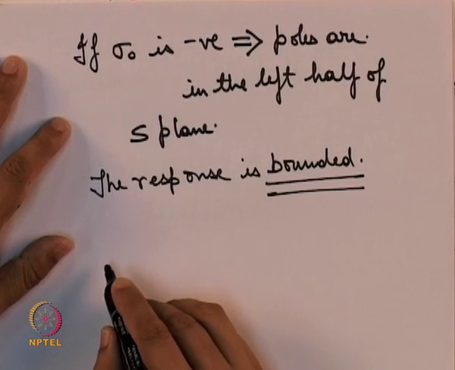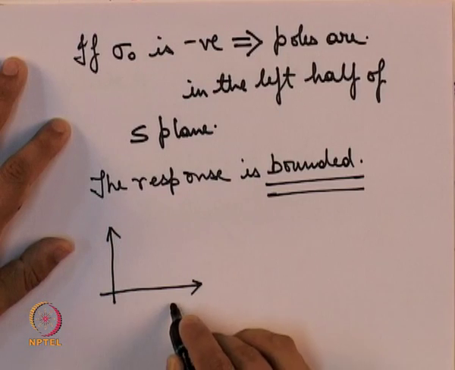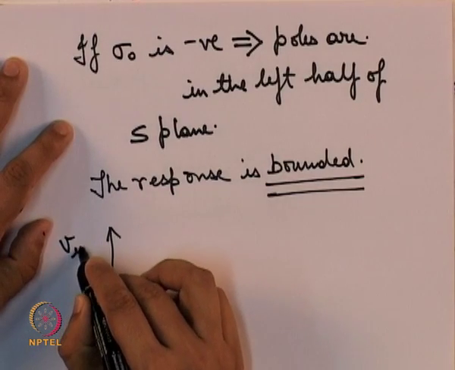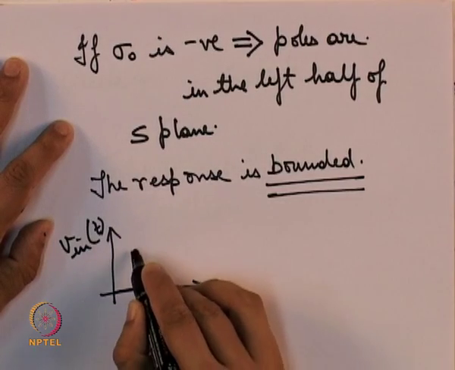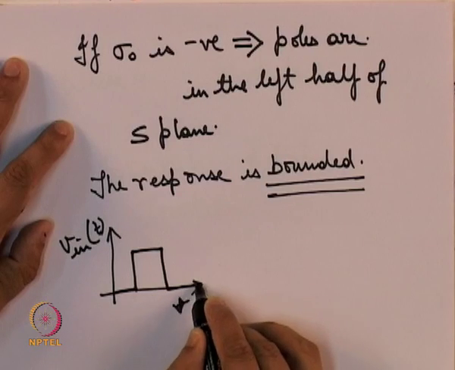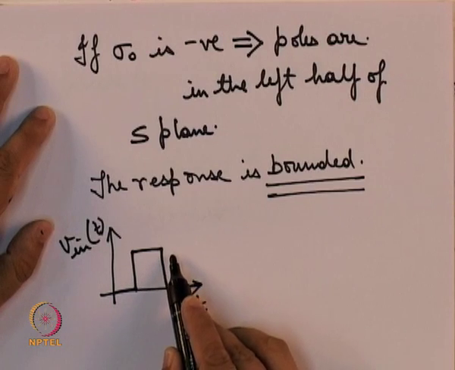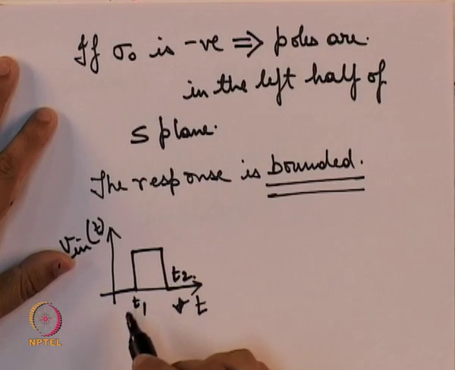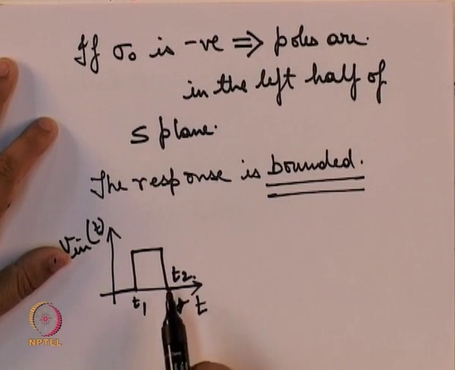Bounded means, suppose this is T, this is say V in T, and you introduce an input like this. See, this input is bounded. Why? Because it does not continue. Say this is T1 and this is T2. It exists only between T1 and T2. After T2, it no longer exists.